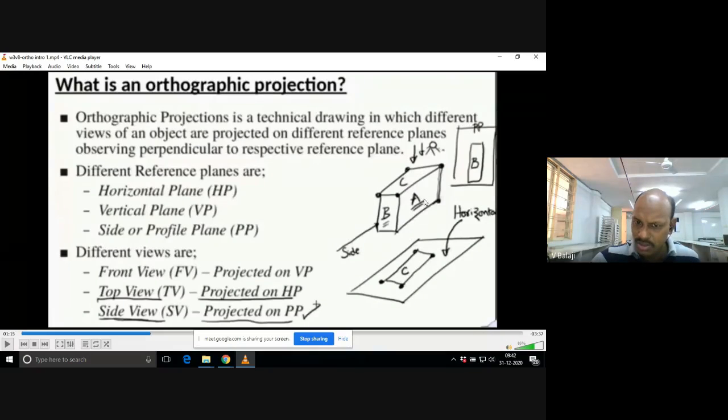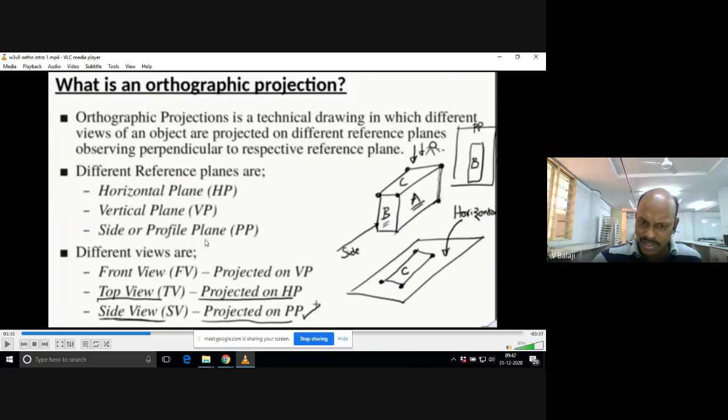Here we are discussing only three important views: the front view falling on VP, the top view falling on HP, and the side view falling on the profile plane. To represent these three views, we require three important reference planes, so we have taken the horizontal plane, vertical plane, and profile plane as reference planes.